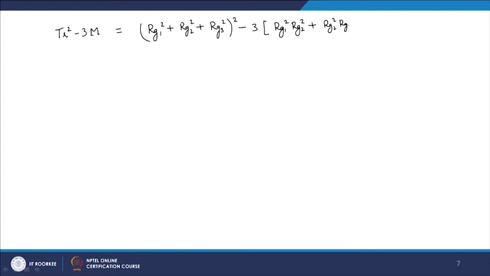So trace square minus 3m will be Rg1 square plus Rg2 square plus Rg3 square, that is the trace, squared, minus 3 multiplied by Rg1 square Rg2 square plus Rg2 square Rg3 square plus Rg3 square Rg1 square.